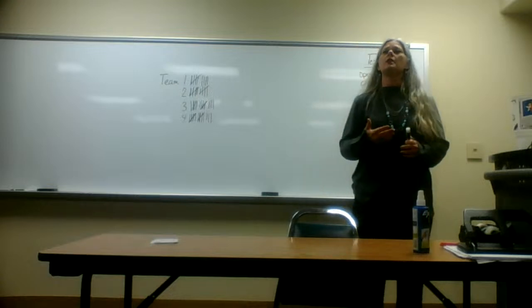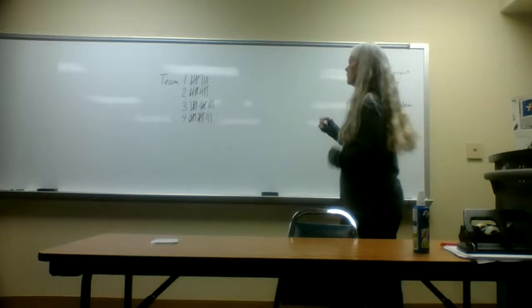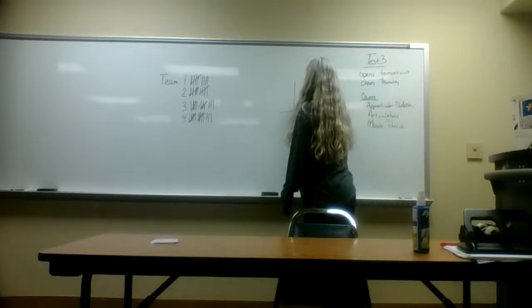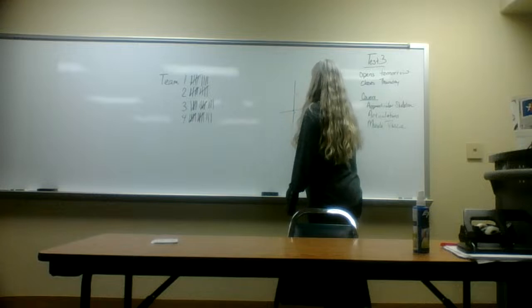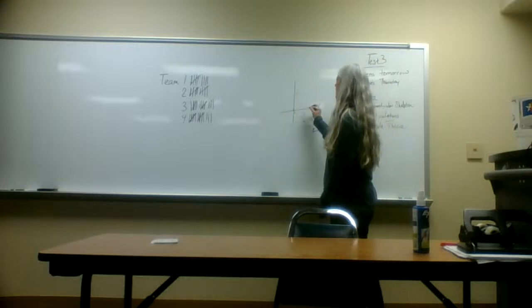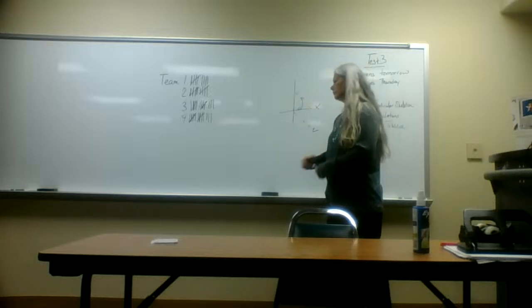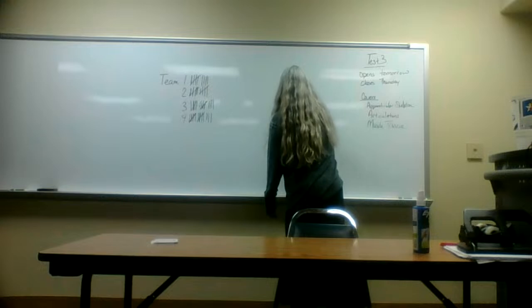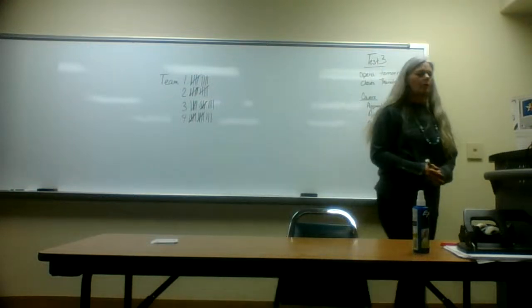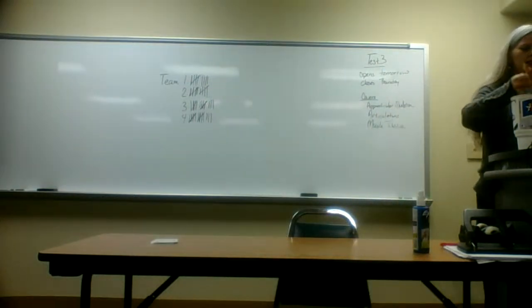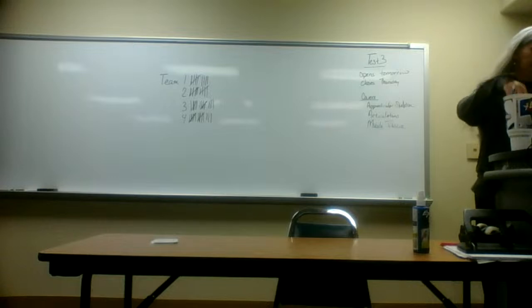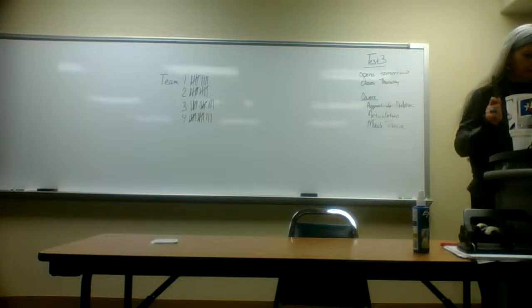Got to remember our three dimensions, the X, Y, Z. So flexion and extension would just be on the X or the Y, depending on which one you're looking at. Green.